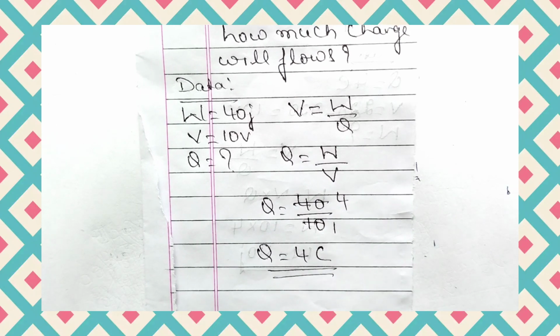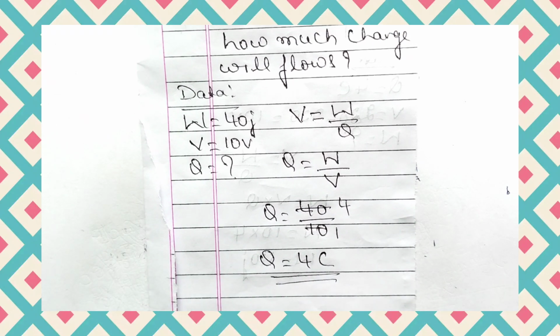So 4 coulombs of charge is flowing through that conductor or through the appliances. So like this we have to calculate the charge that flows. So like this we have to solve these questions, and the remaining problems related to Ohm's law will be solved in the next video.